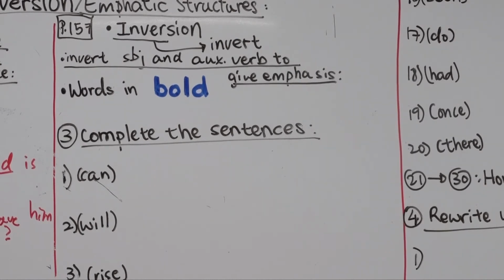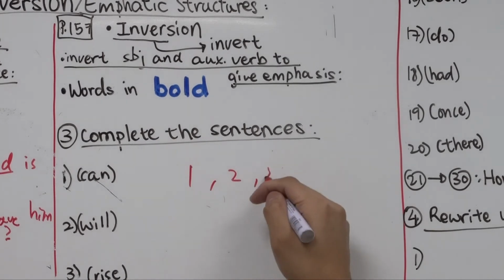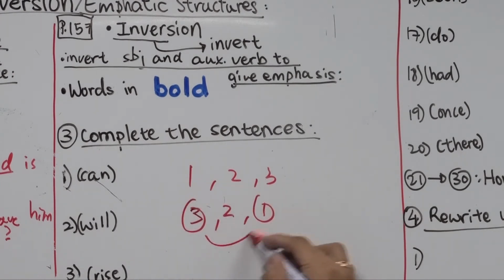So this is quite a versatile word. You can use it in different ways. Invert here means to change the corresponding places. For example, I have 1, 2, 3, and I want to invert 1 and 3, so it becomes 3, 2, 1. So the inversion takes place here, to switch or to swap.